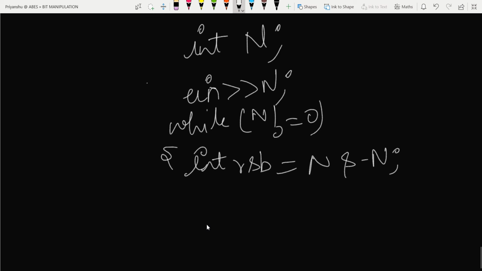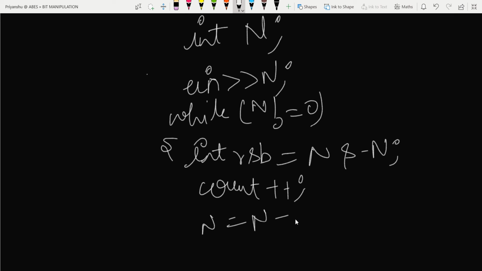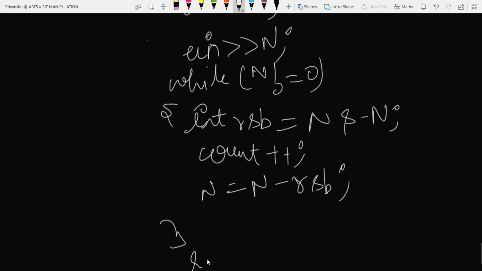Rightmost set bit value I have calculated. Now I have to increase our count by 1 and subtract: n is equal to n minus rs. And at the end we will return the count.